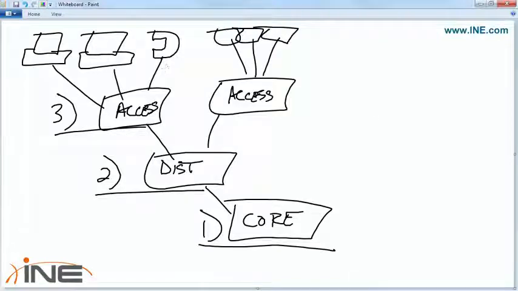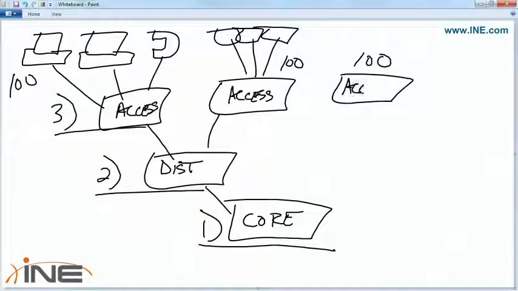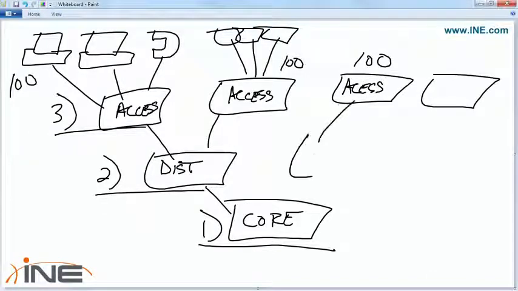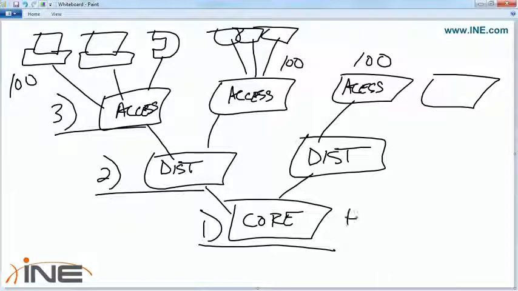Let's say I have 100 hosts connected to the network. If I now need to add 100 more or continue to scale the network, the only thing I need to do is add more access level switches, eventually connect these to new distribution switches, and then they can be serviced by the same core, because this is where the real high-speed forwarding is happening.